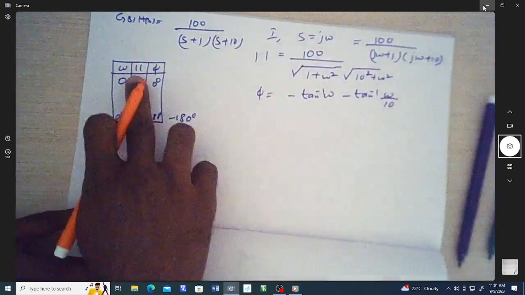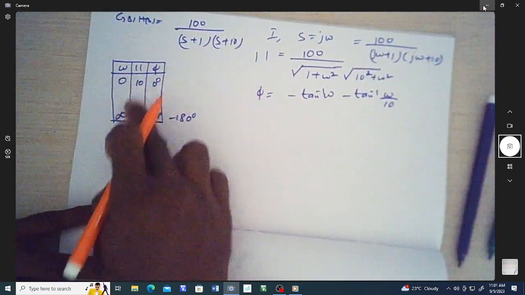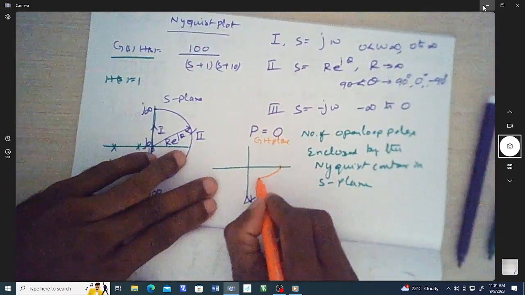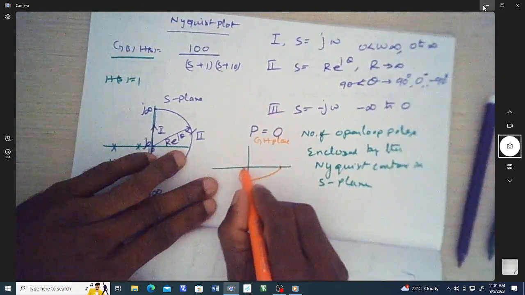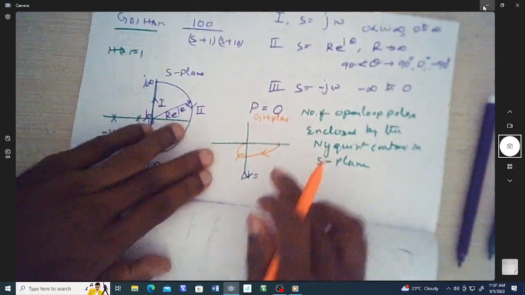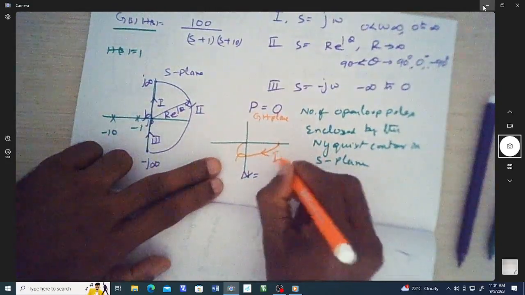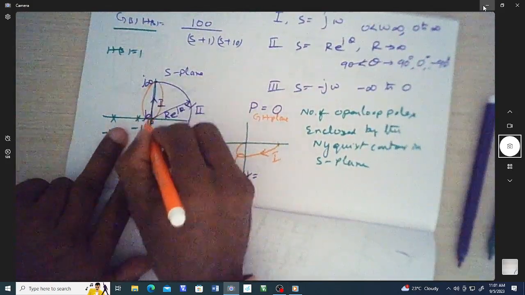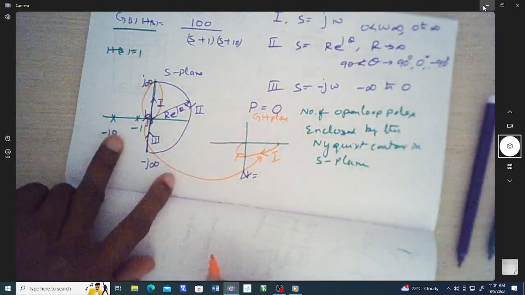And you can see the magnitudes keep reducing from 10 to 0 and phase is increasing from 0 to minus 180 degrees. So it actually goes like this. So this is the plot. This is the segment 1 mapping. This segment is now mapped to this.